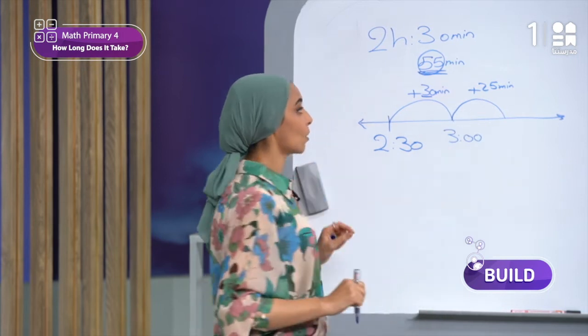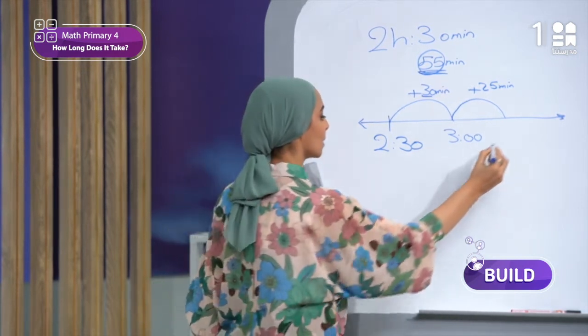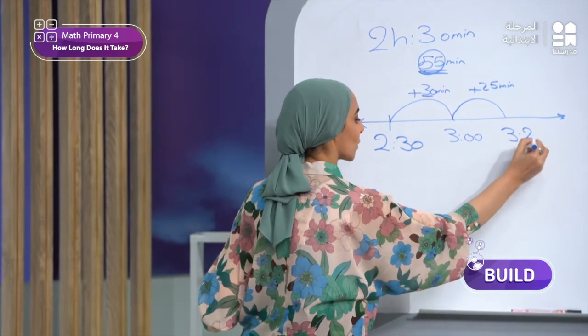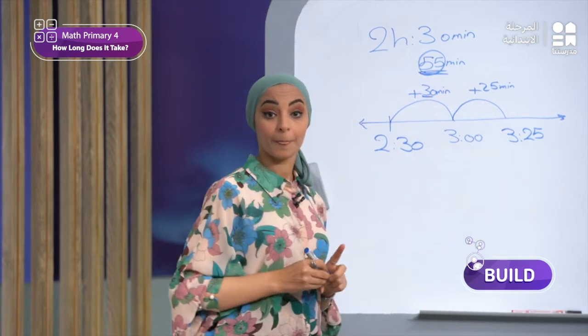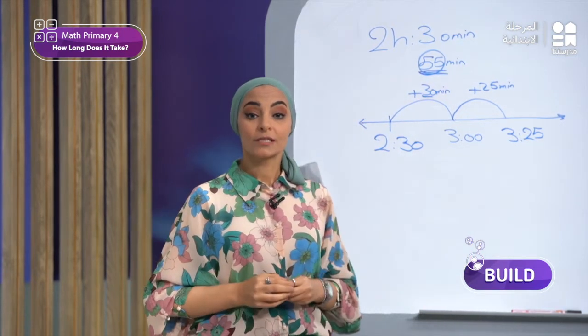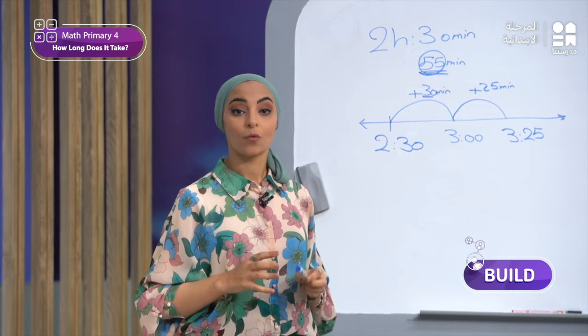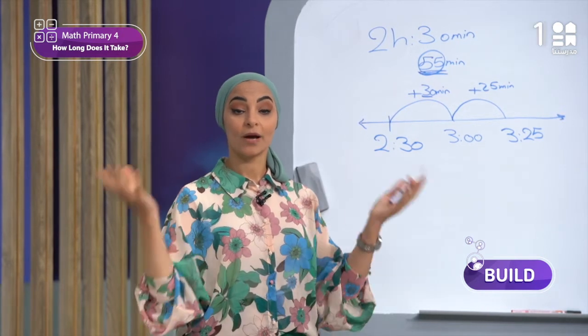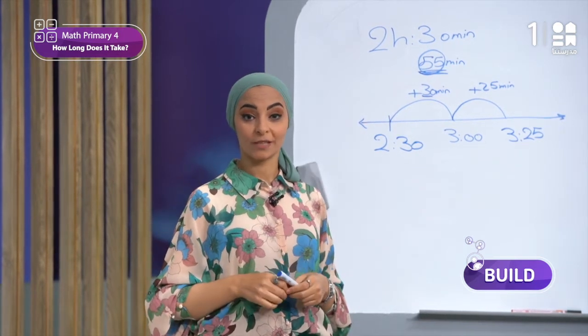Right? عشان أوصل لفين؟ هوصل ل 3 hours and 25 minutes. And now this is the answer. This is how long the hike will take. ده الوقت اللي هياخده في المشي بتاعه.